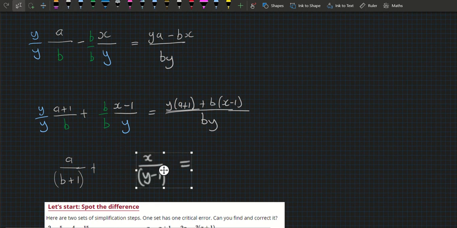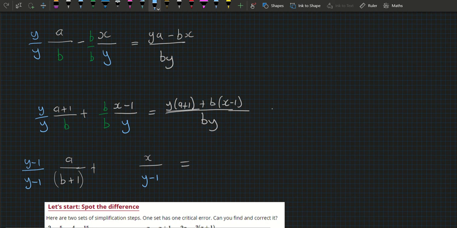And this is the one I probably needed to extend a bit more. So let's put this one over here, because now we've got these fractions on the bottom. So let's make this one y minus 1. If I go over here and do y minus 1 divided by y minus 1, then this is still 1. So anything times 1 hasn't changed.